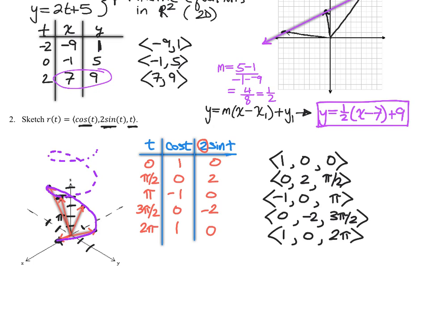It's not perfectly circular, it's more oblate. It's going to have that elliptical look to it, but it's basically a stretched out slinky. If these coefficients were the same, then it would be a stretched out circular slinky. So what we're looking at here is known as an elliptical helix.